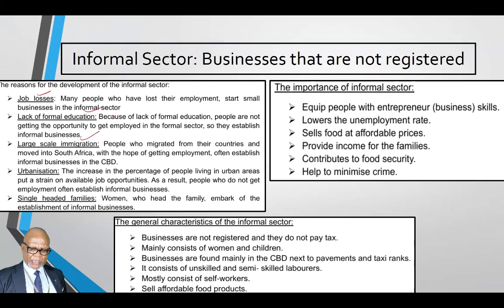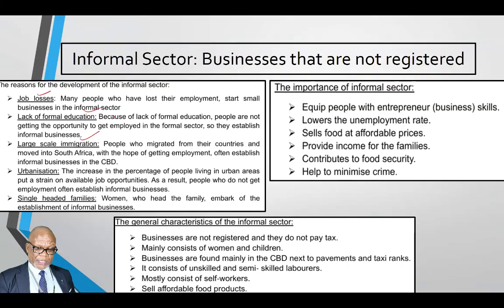Another reason is large-scale immigration, meaning people moving from other countries into South Africa, or from other provinces to Gauteng, or into metropolitan areas. They go to Pretoria, they go to Johannesburg, they go to all the metropolitans where there are better job opportunities.